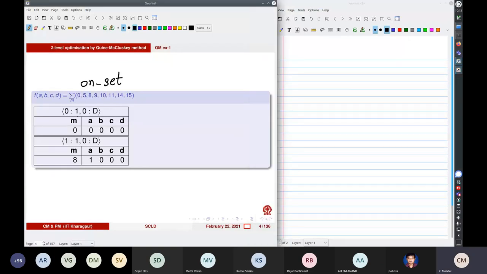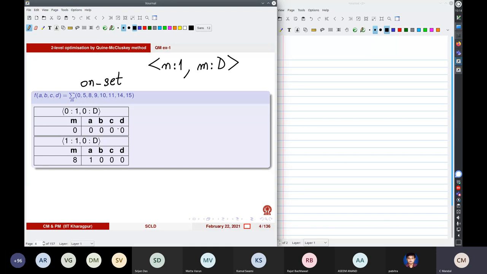What you are showing here is that n is the number of ones and m is the number of don't cares. All right. So here you can see that the number of ones is 0.